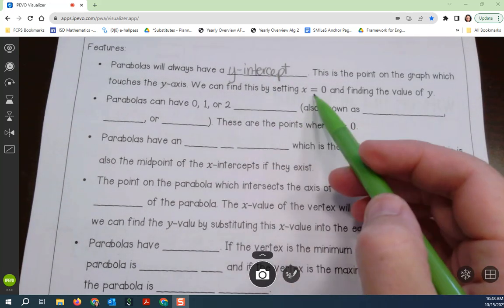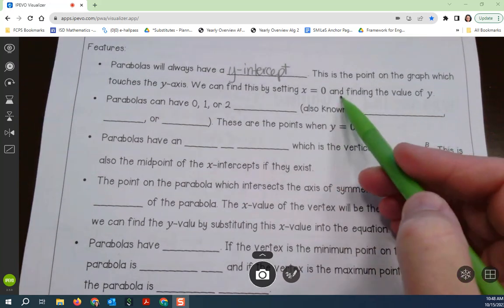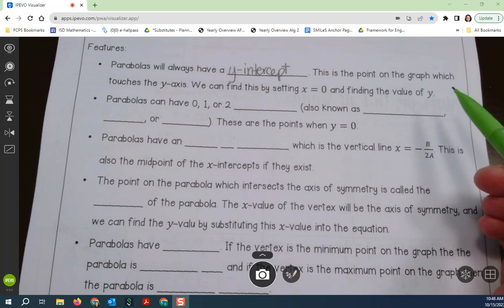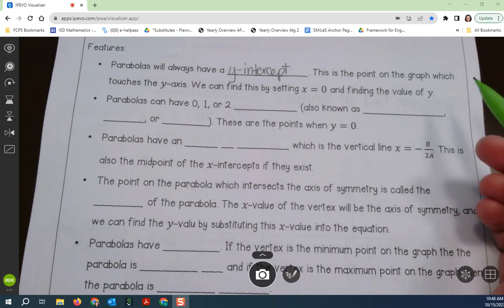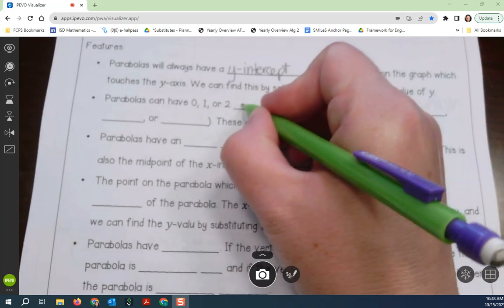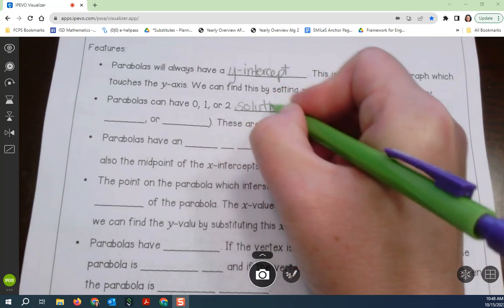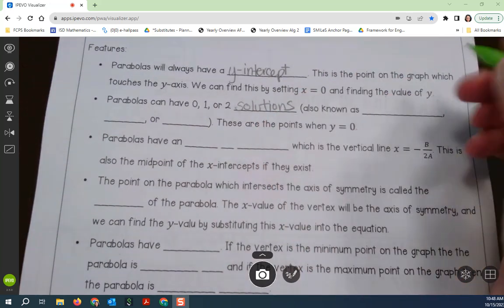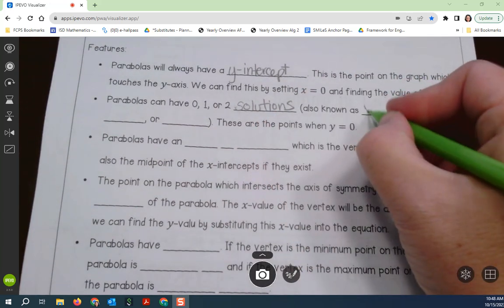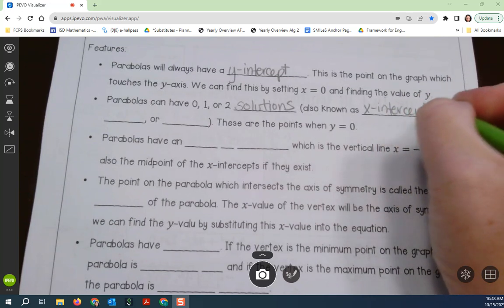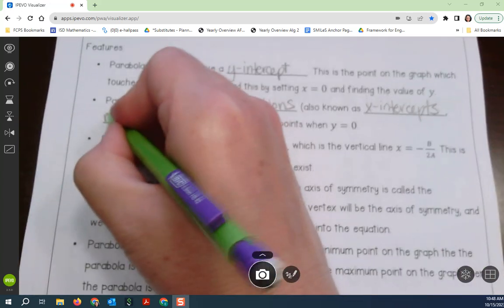We can find it by setting x equal to 0 and finding the value of y, because everywhere on the y-axis, x equals 0. Parabolas or quadratic equations can have 0, 1, or 2 solutions, known as x-intercepts, roots, or zeros.